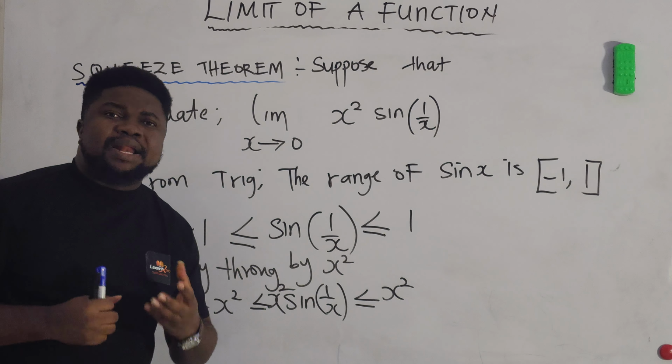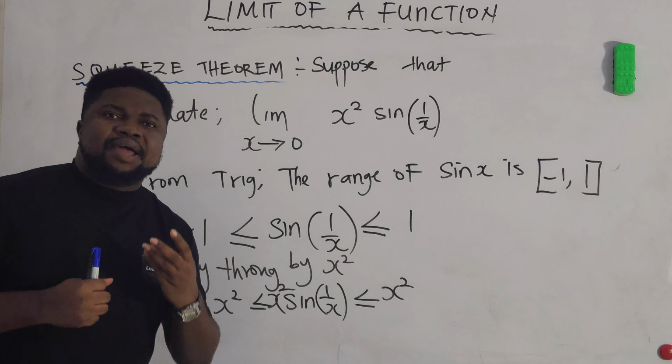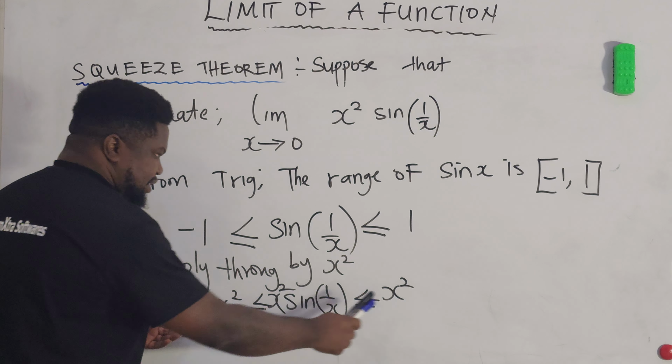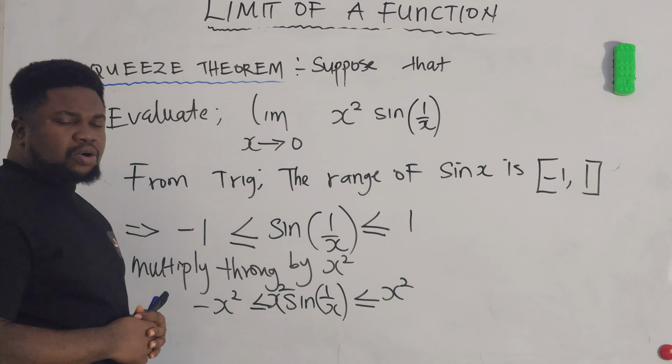Now, we are able to squeeze the function we are trying to evaluate in between two functions. So from the definition, our g of x is this, our p of x is this. If we can evaluate these two limits and they are equal, then that's the limit for our function here.